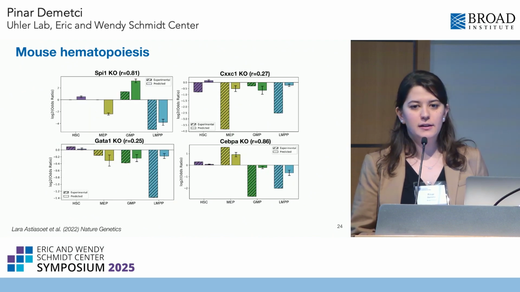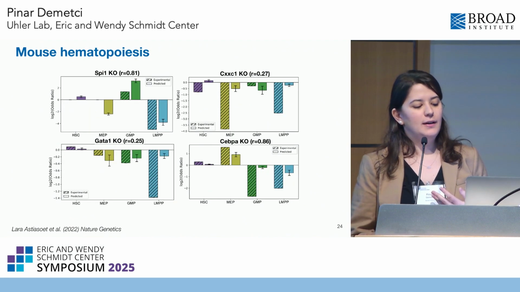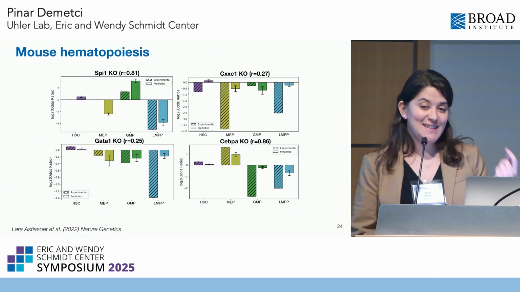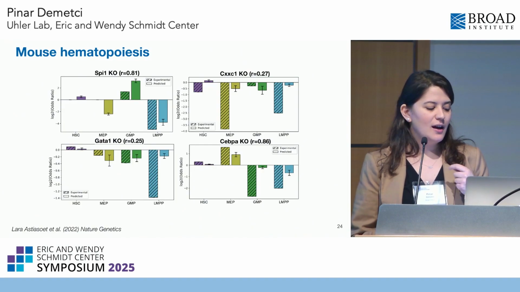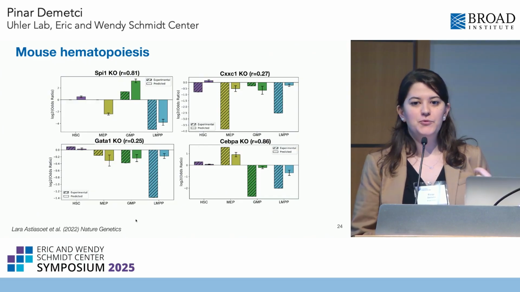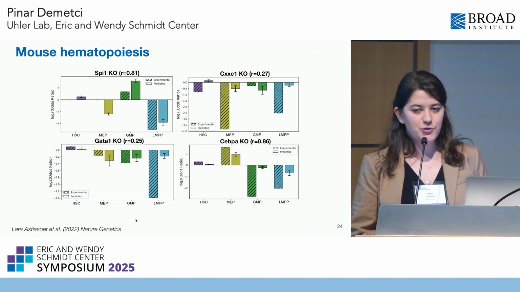Lastly, the gold standard for basically understanding that we learned a good gene regulatory model is to test out perturbations. There is a published paper that performed gene knockouts for hundreds of genes in hematopoiesis.